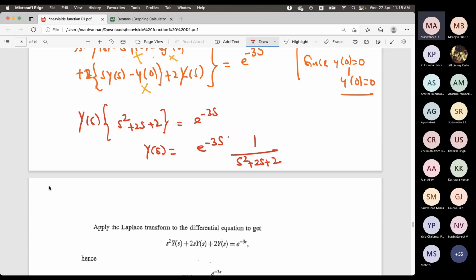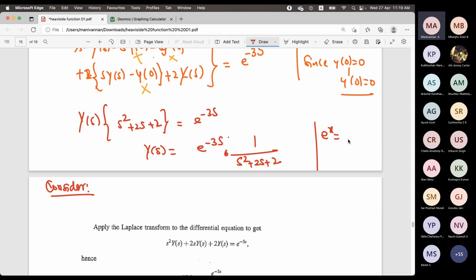While computing the inverse Laplace transform for a product involving exponential terms, keep this e power x separately. What is the e power x formula?